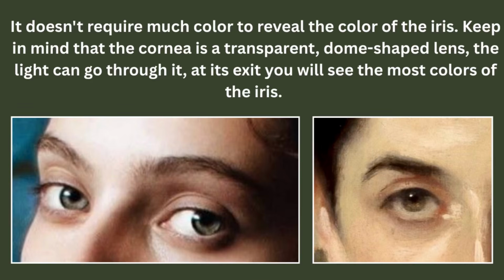Moving diagonally across, the light will exit and reveal the most saturated color of the iris. The iris color should glow subtly, soft, warm, and luminous. You don't need a lot of color to make the iris look rich and colorful.